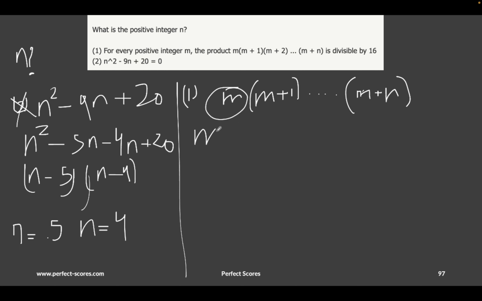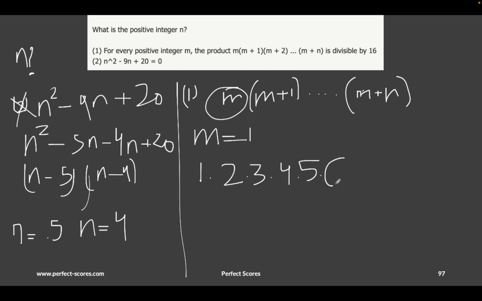So in that sense, I will make m equal to 1. If I make m equal to 1, then we can find the minimum value of n where this is divisible by 16. So that could be 1 times 2, not divisible by 16, times 3, no, times 4, no, times 5, no, because I've got 4 times 2, 8 here.